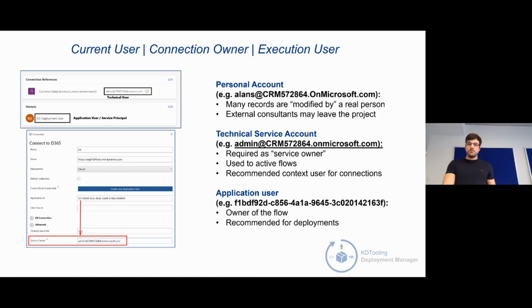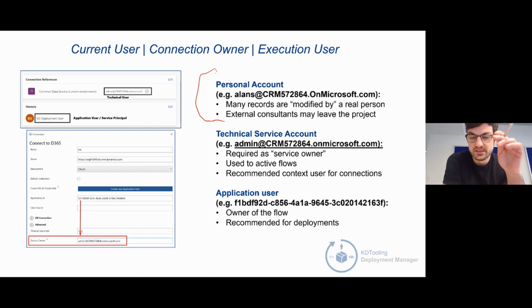Okay, and before we move on and talk about the execution workflow, I would like to explain a little bit about the different contexts here. So we have a current user, a connection owner, and the execution user. First things first, personal account. As you can see here, the personal account is not used anywhere.